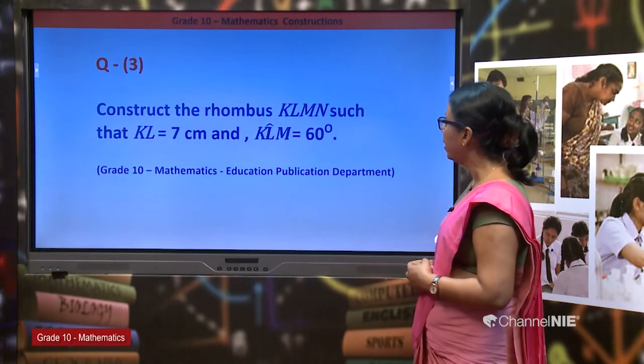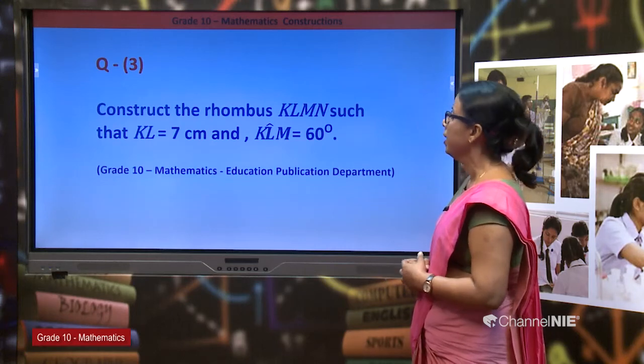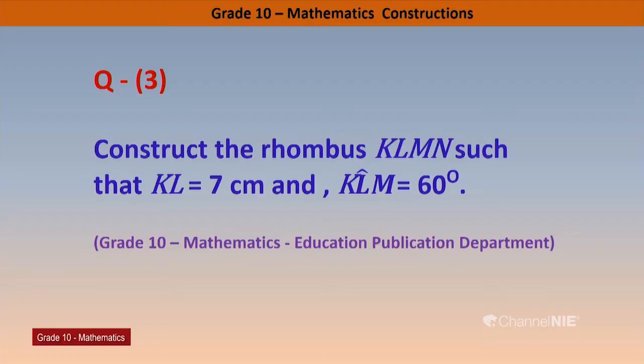Construct the rhombus KLMN such that KL equals 7 centimeter and angle KLM is 60 degree. It is a rhombus. So, in a rhombus all the sides are equal, and it is even a parallelogram.